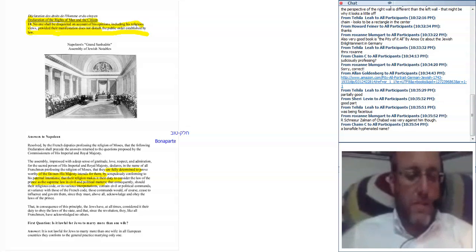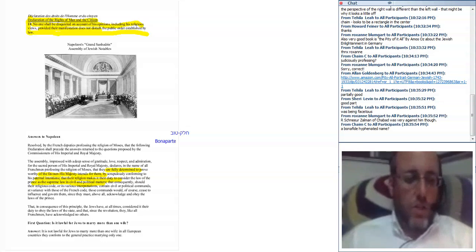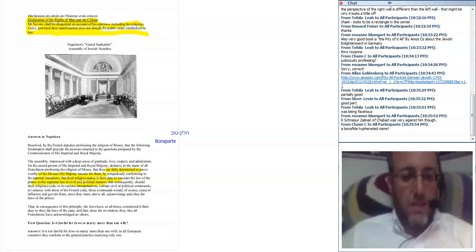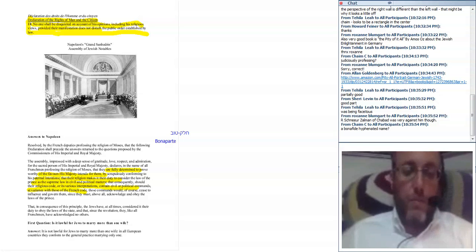Dina de Malchuta Dina doesn't mean that anything that's permitted in a civil society is therefore permitted by the Torah, and neither does it even mean that anything commanded in a civil society necessarily becomes permitted by the Torah or mandated by the Torah. It means that, generally speaking, in a just society, we have to fulfill our civic obligations. Paying taxes, for example, is of course always the classic example of this.